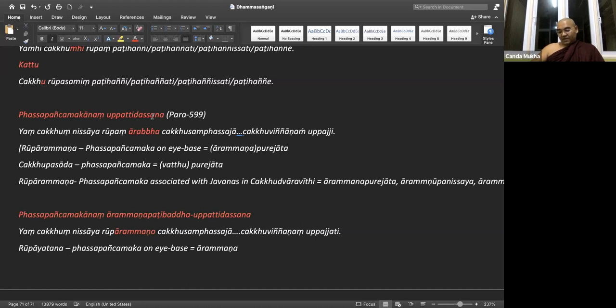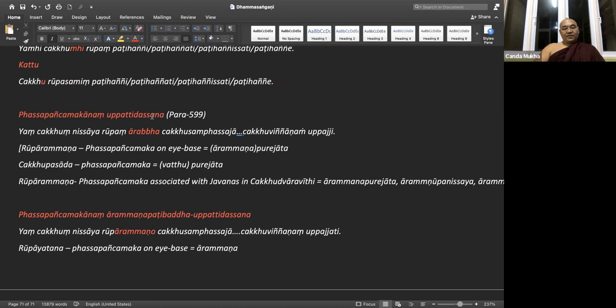Visible object conditions phasa, etc. Let's take phasa only. The visible object conditions the phasa that arises depending on the eye base, the eye sensitivity base.